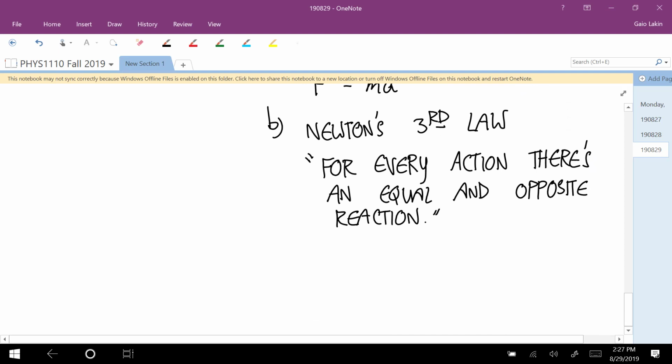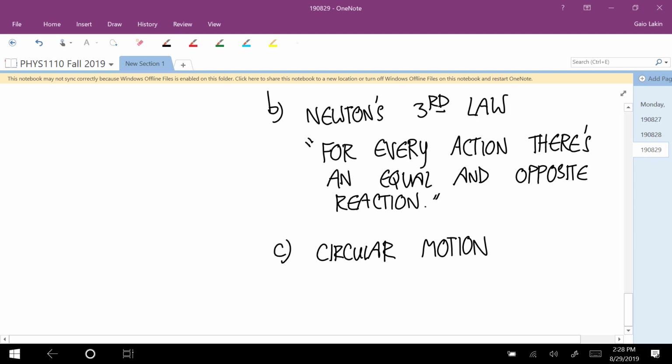And after we've introduced these laws, we'll talk about a specific type of motion where we have more information, and that's circular motion. And circular motion, we can break that up into two categories that we're going to treat differently. Uniform circular motion, where the speed is constant, and non-uniform circular motion, where the speed changes.